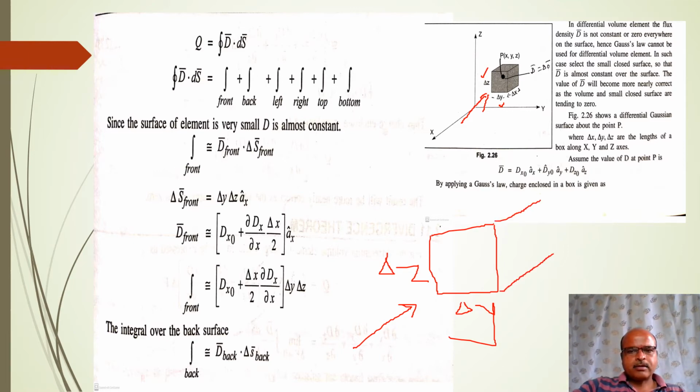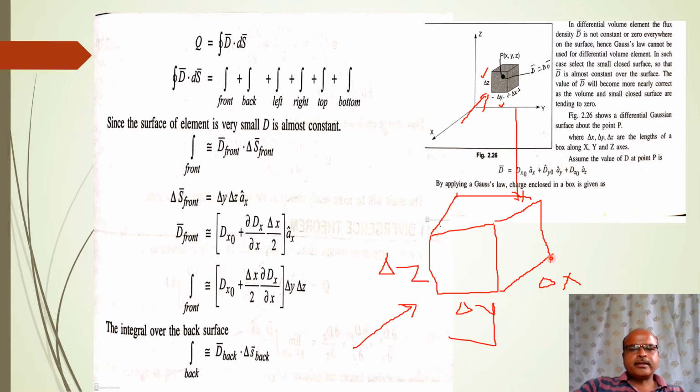If we draw this length as a rectangular box, this rectangular box we can draw here. This is del y del z and this length is del x.